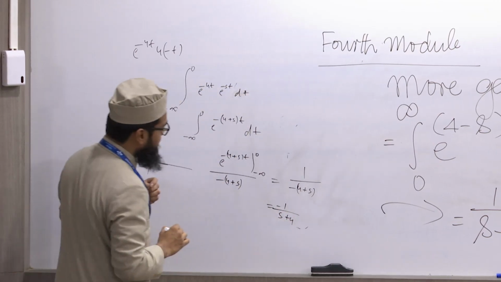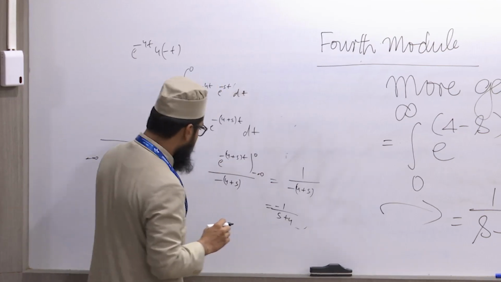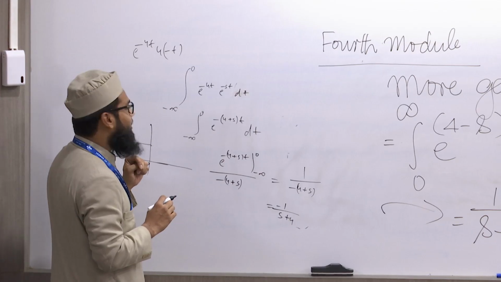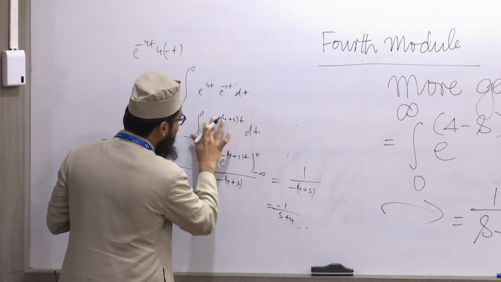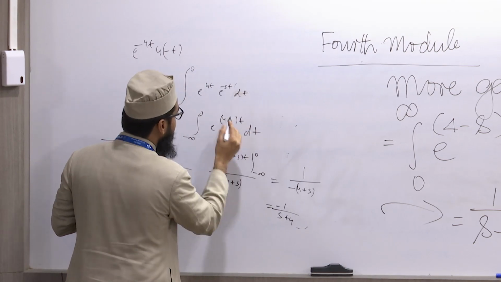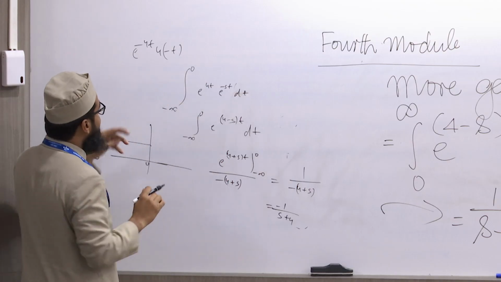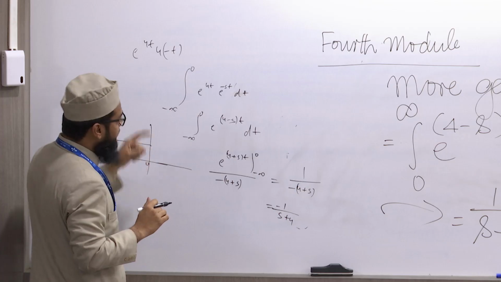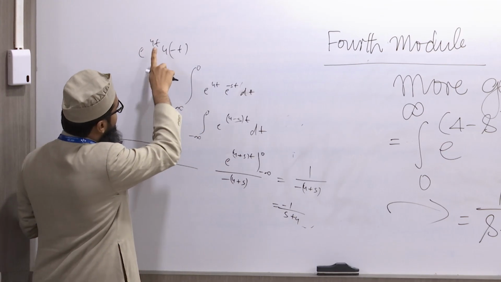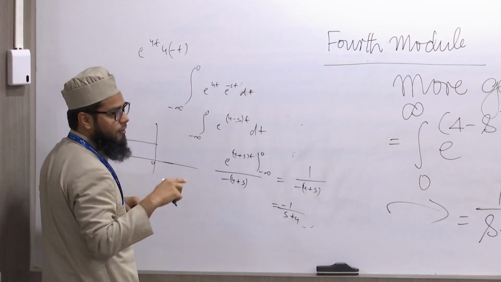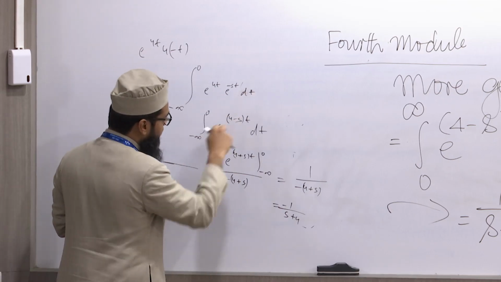And for minus infinity, it will become infinite. Sorry, so we should take e to the power 4t. If we take it like that, then 4 minus s will be here. So if we are taking e to the power 4t u of minus t, then with minus st it will be 4 minus s in the exponent.